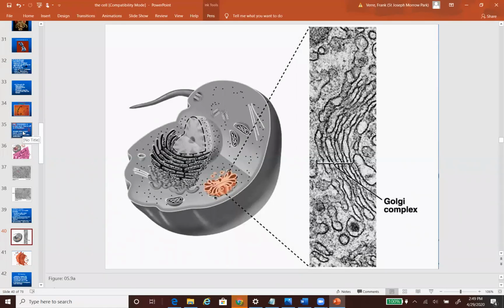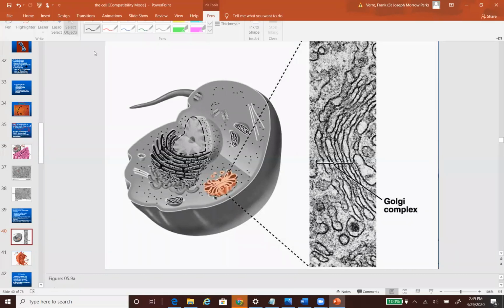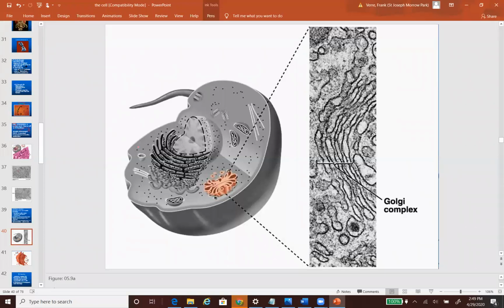They make protein. The difference, though, is the rough ER would send that protein out of the cell, right? So any protein that's made with the free ribosomes, we said, stays in the cell, but proteins made by the rough ER would actually leave the cell.